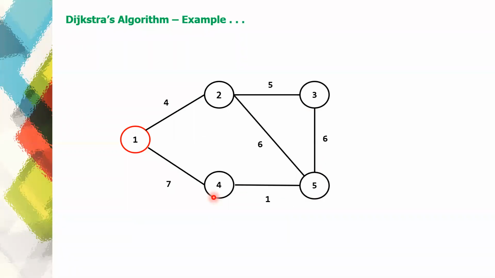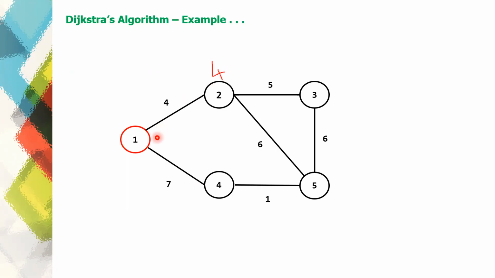The distance will be either a value or it will be infinity. If there is a direct link between the source vertex and the other node, then the distance will be equal to the cost of the edge.